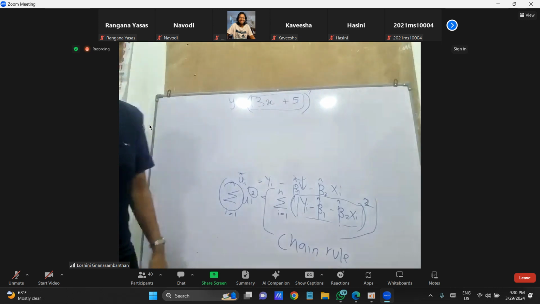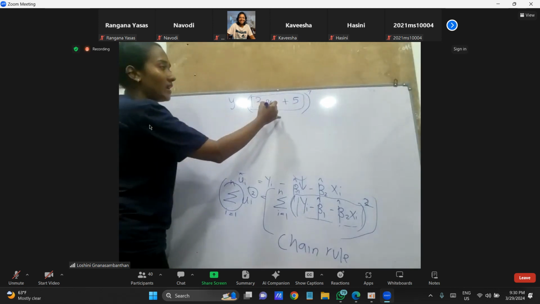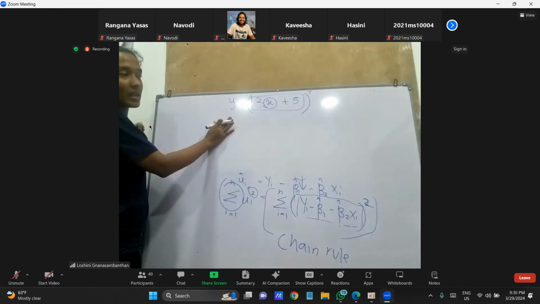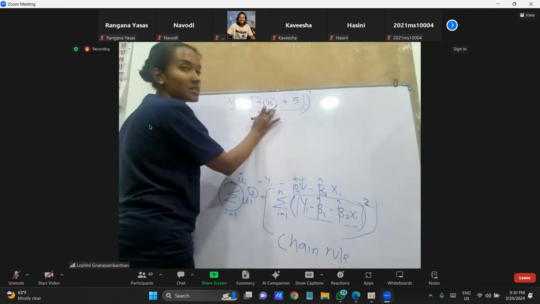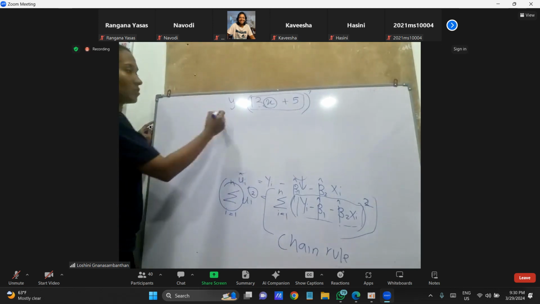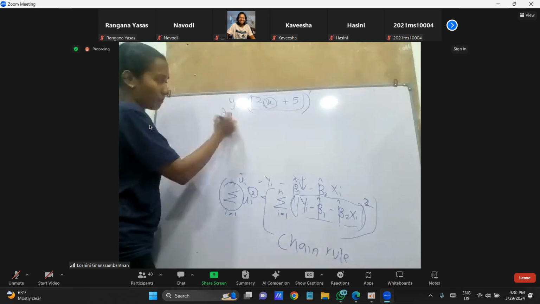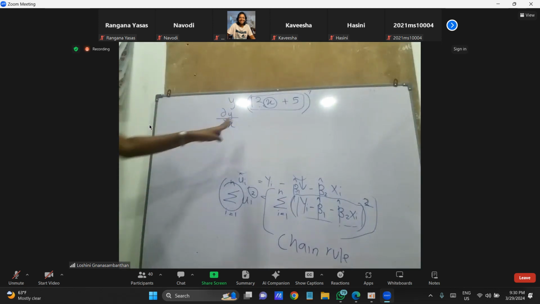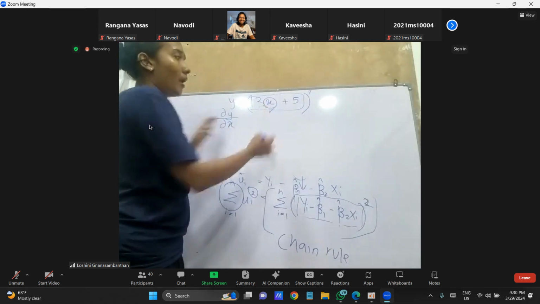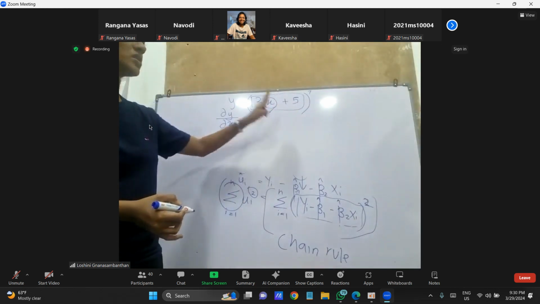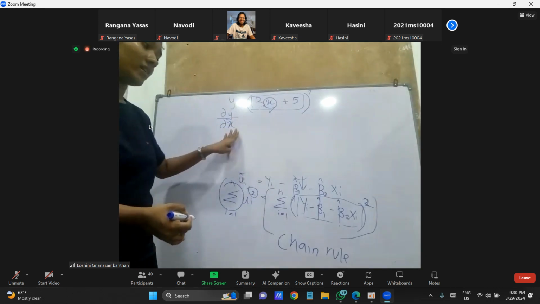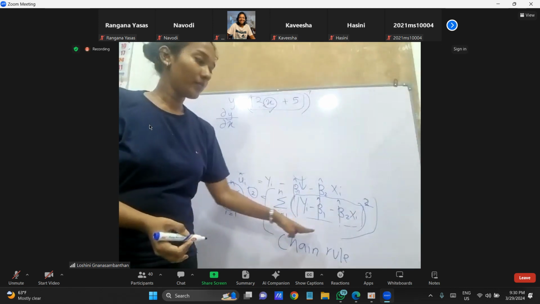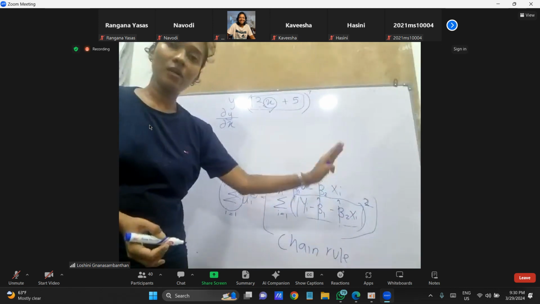Now we are going to differentiate with regard to x. How do you do it? This is a derivative, not a partial derivative, because you have only one unknown. A partial derivative is where you have more than one unknown and you differentiate it one by one.